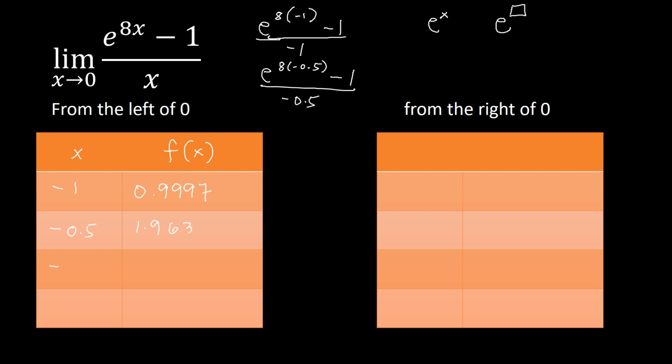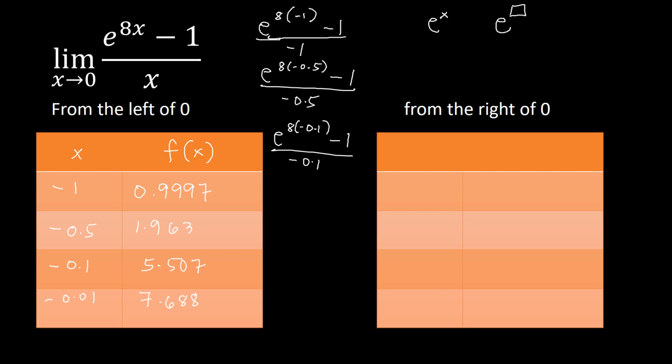Next value, moving closer to 0, we have negative 0.1. Inputting the values, e to the power of 8 times negative 0.1 minus 1 over negative 0.1, is equal to 5.507. Next, we have negative 0.01, which gives 7.688.